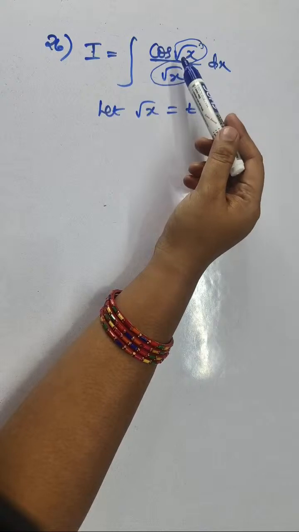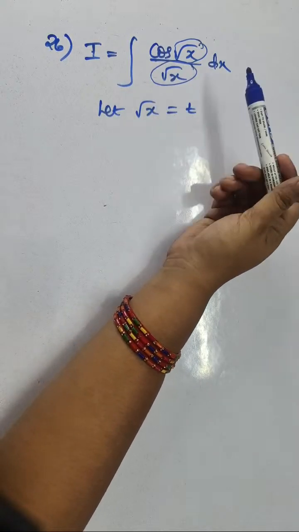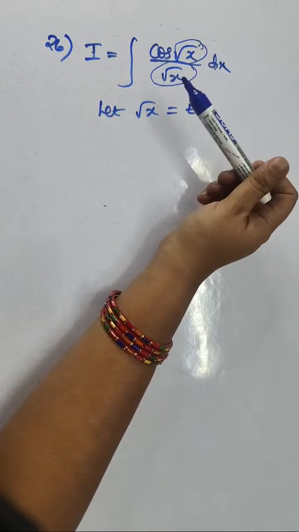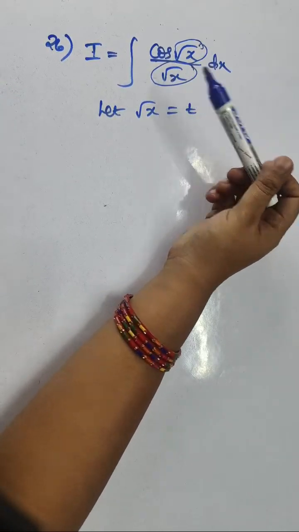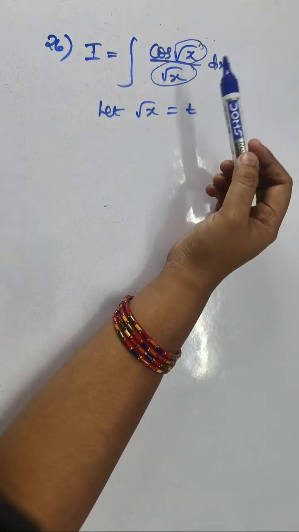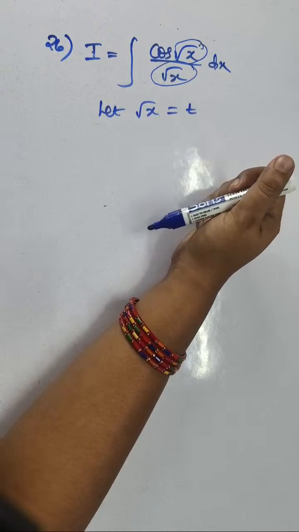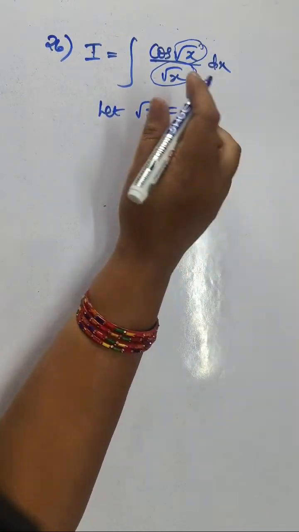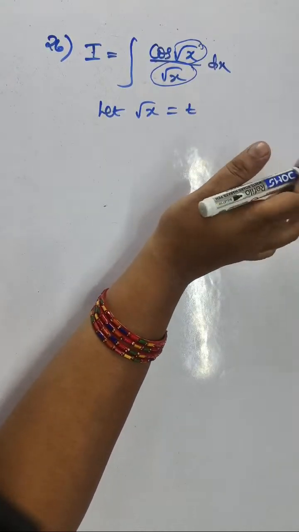And if you take cos as t, you will get sine when you are differentiating. But we don't have any sine term, but you have root x in the denominator. So it is difficult for us to substitute the terms for the root x. So here what we are doing is, you will straight away take root x term as t so that it is easy for us to substitute and find the integration.